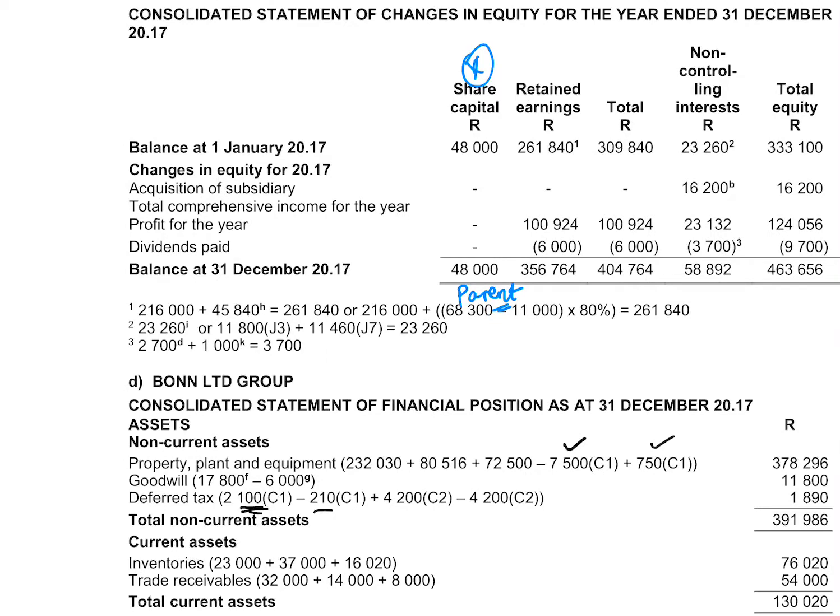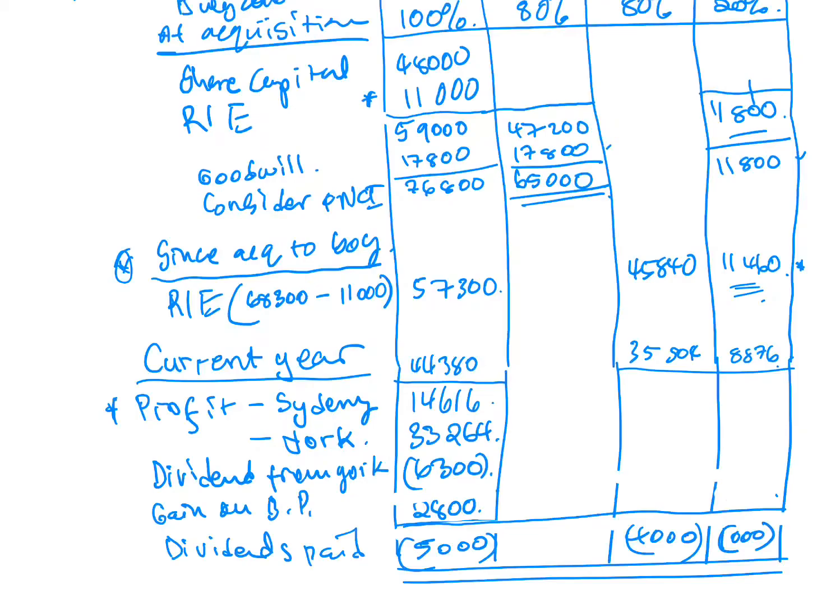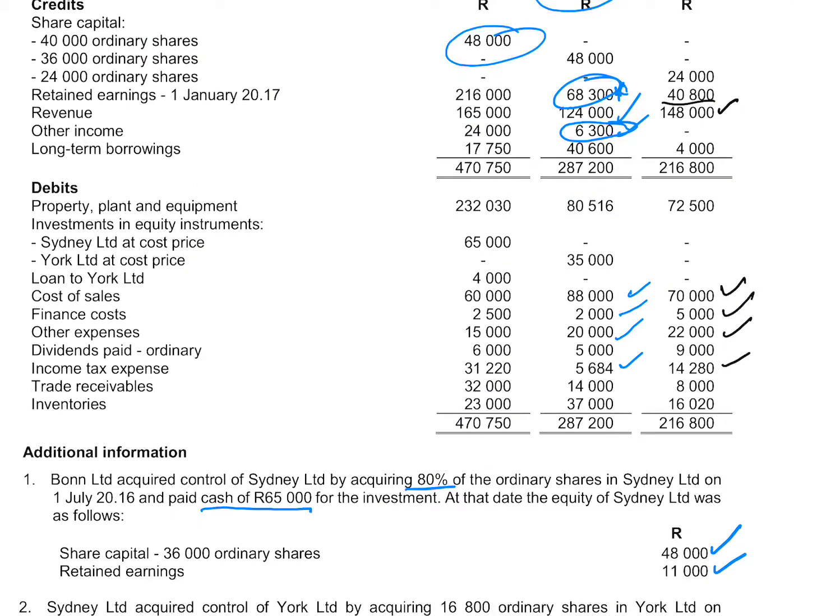48,000 altogether. Now, when it comes to retained earnings, you are going to take the retained earnings of the parent, you take the share of the parent in the subsidiary, the retained earnings of the subsidiary altogether. The sub-subsidiary, remember, it will be transferred to the parent, so everything will be in the analysis of the subsidiary. So when I look at the retained earnings of the parent, it will be 216,000.